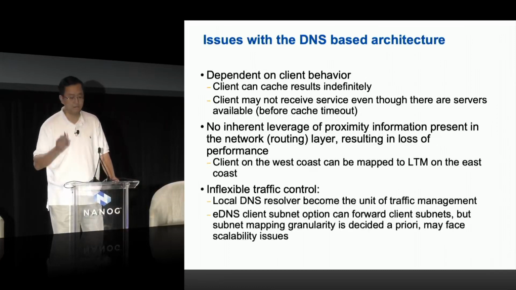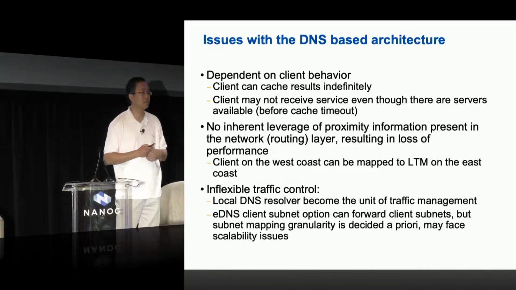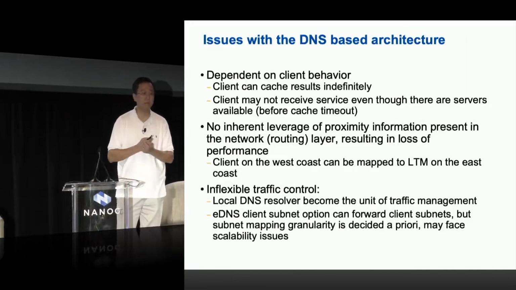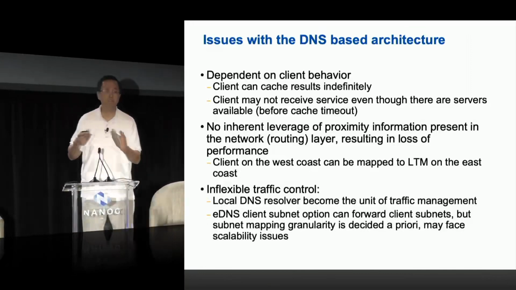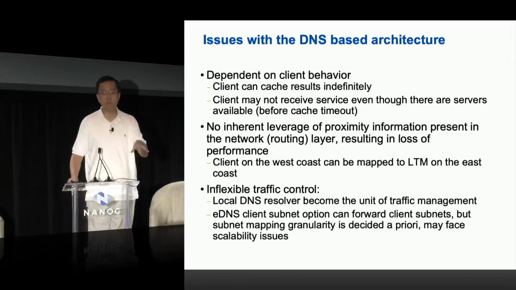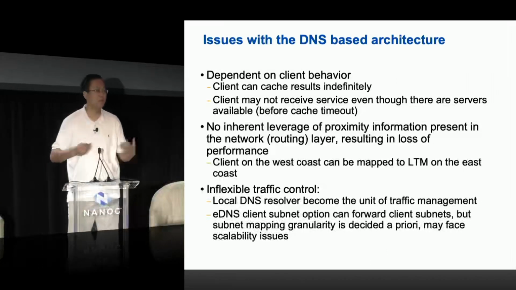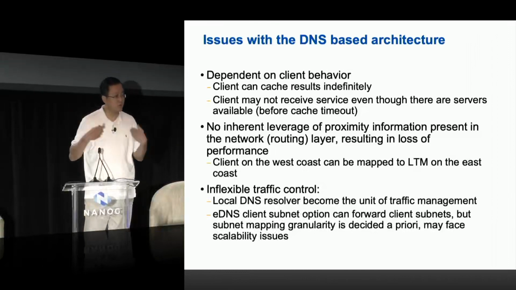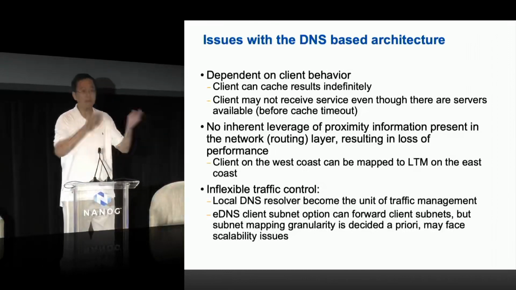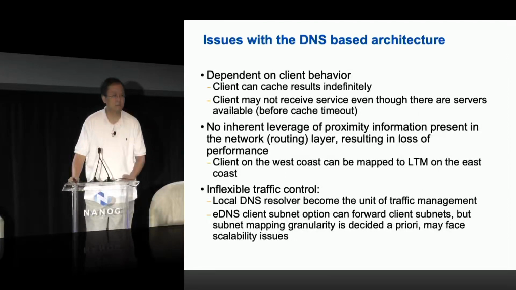And then some groups in our company who use this kind of architecture shared how local DNS resolvers end up being the unit of traffic control. When the DNS updates to a different resolution IP address, say, all the clients that go to that local resolver wholly get shifted, right? So it becomes harder to control the traffic unit.